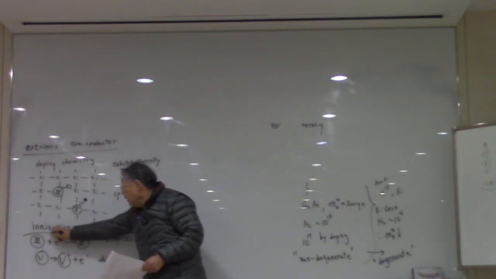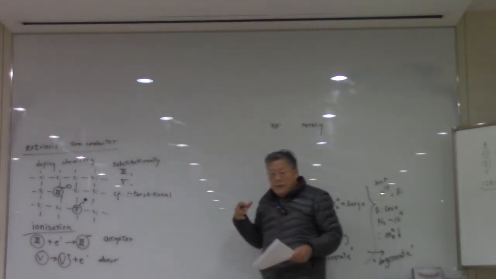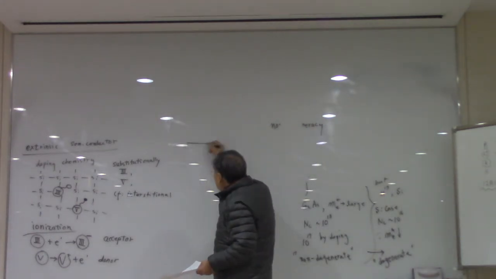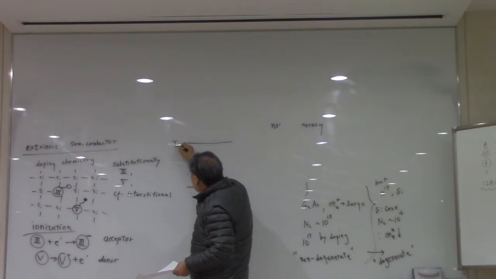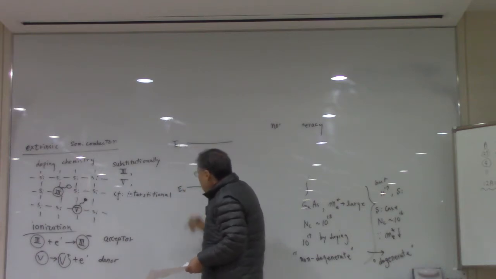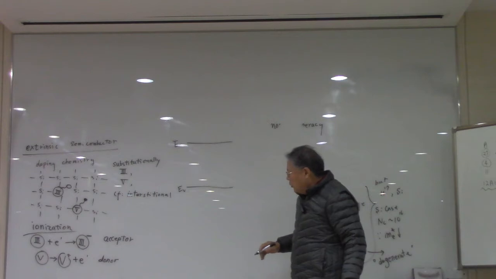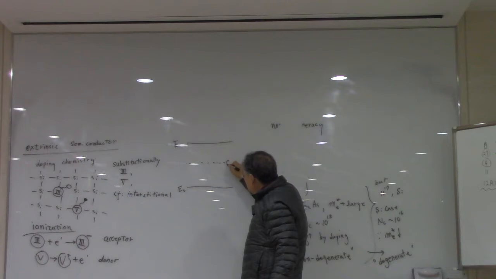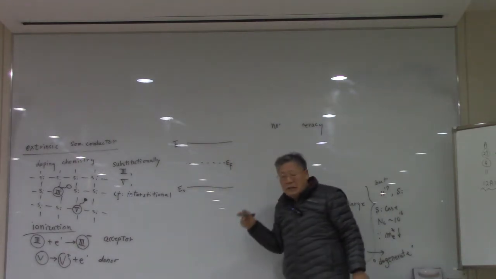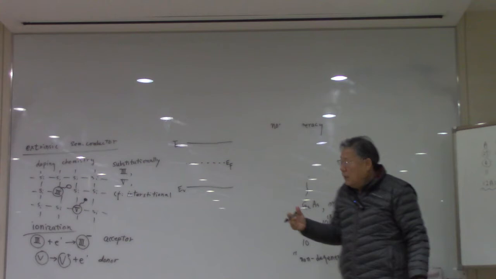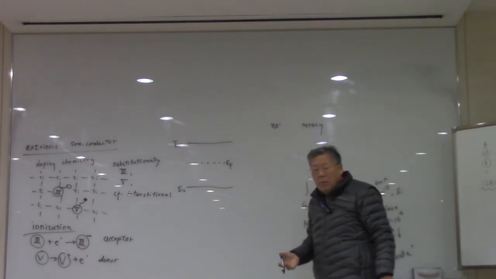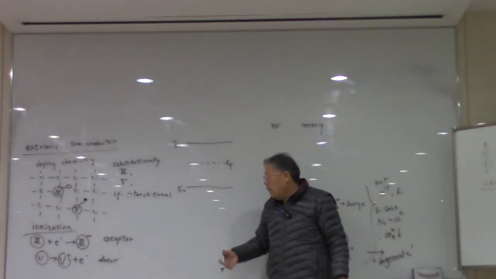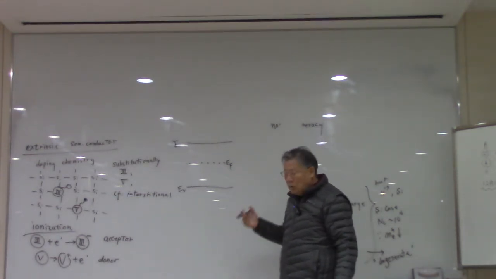This is the ionization, and if you want to draw this ionization phenomenon in a flat band diagram, then you're going to have a conduction band and a valence band. And if there is a Fermi energy, this Fermi energy is going to be changed not only by the temperature, but also by the dopant concentrations, which type, acceptor or donor.